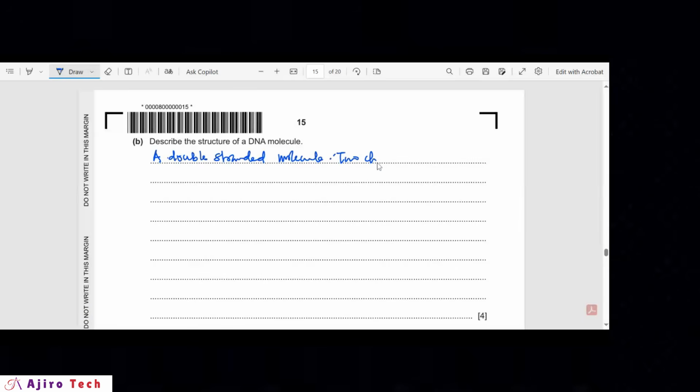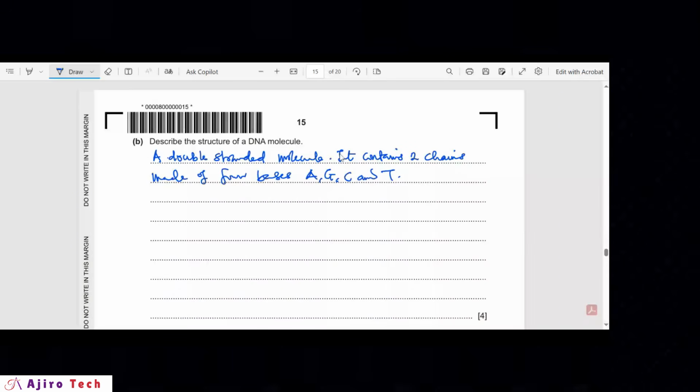It contains two chains made of four bases: A, G, C, and T.